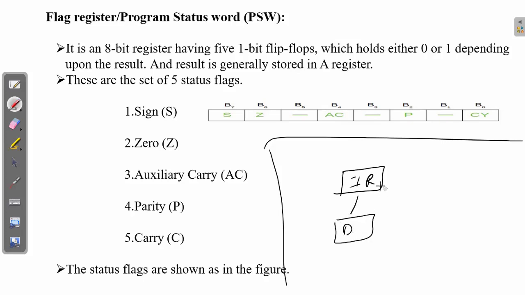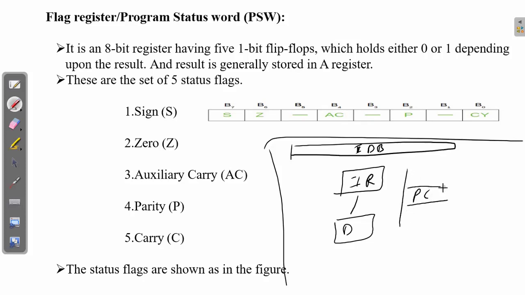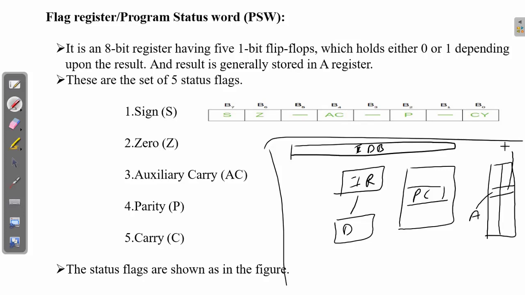Here is your internal data bus, and here is your program counter somewhere, which is stored in the registers part, and here is your memory. In memory I have two sections: in the first part the address is there, and in the corresponding part you will find the instruction. I hope this diagram is clear to everyone. Yes or no, just confirm.